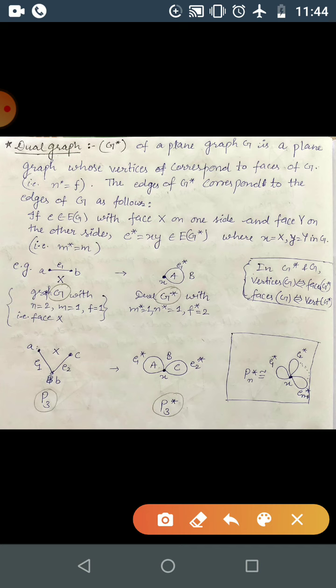Again we can go back to the definition, and then we can have some examples.